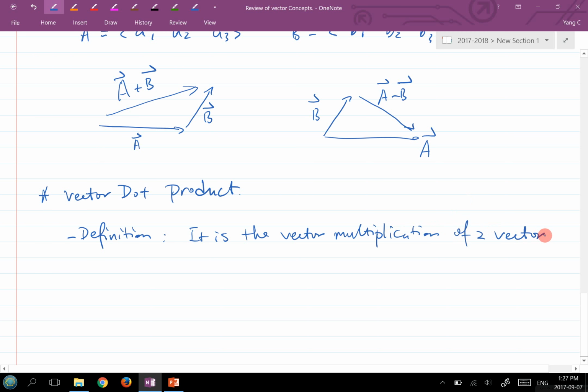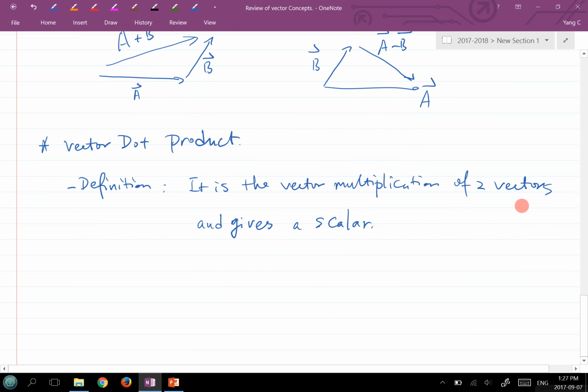It's a multiplication of two vectors, and it gives a scalar. So that's the definition. Here is the formula.